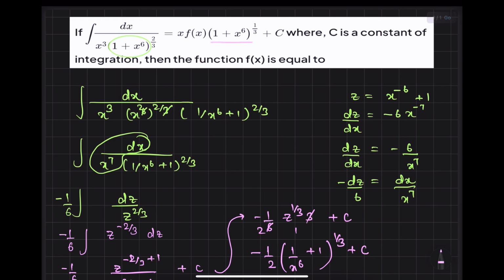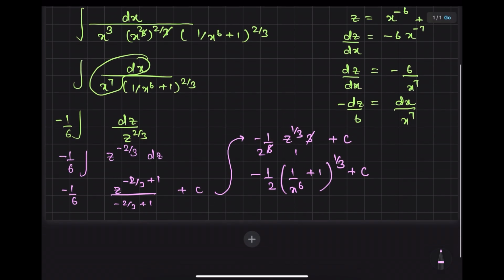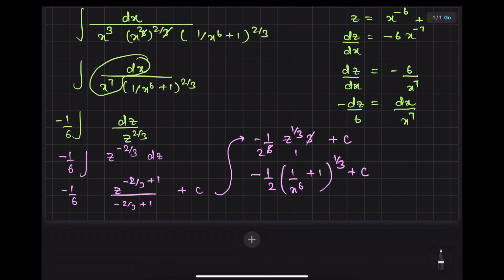So how will we respond? You have to create (1 plus x power 6) to the power 1 by 3. Take LCM and things are done. So minus of 1 by 2, (1 plus x power 6) power 1 by 3, and then you will be having x square, plus c.